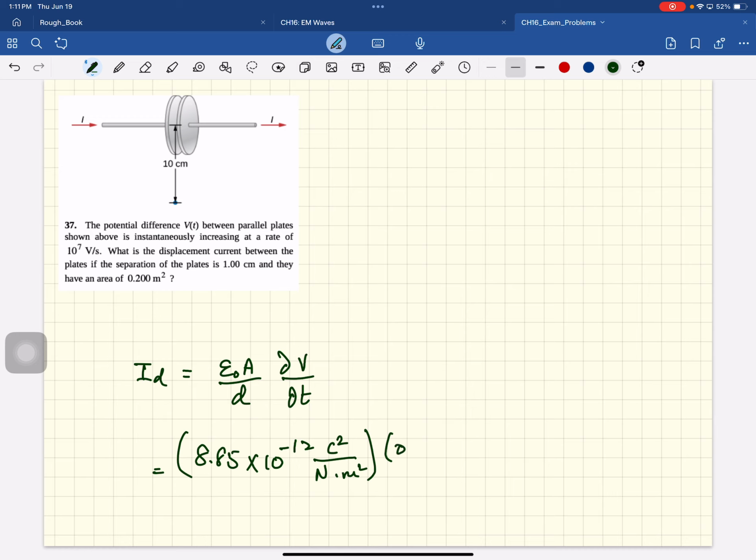Area is 0.2 meters squared. d is 1 centimeter, which is 10 to the minus 2 meters. And del V by del t is 10 to the 7.